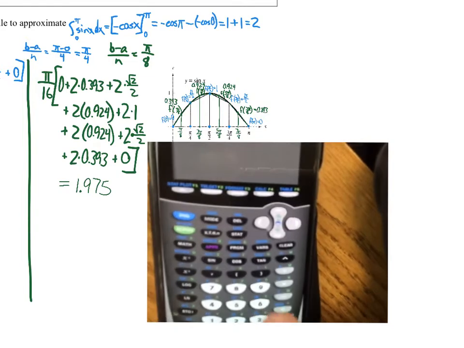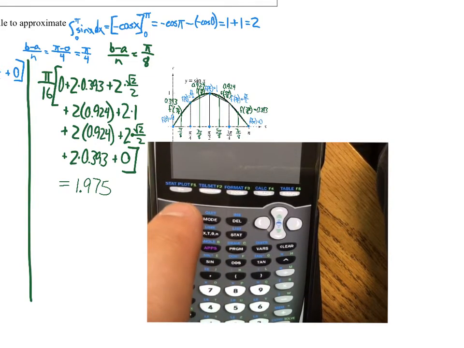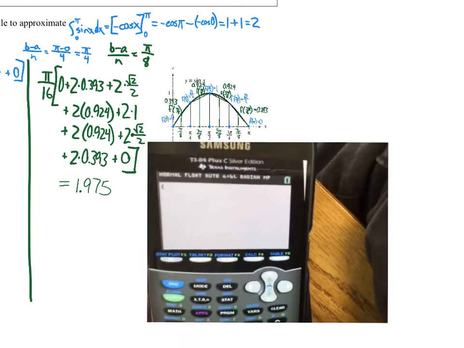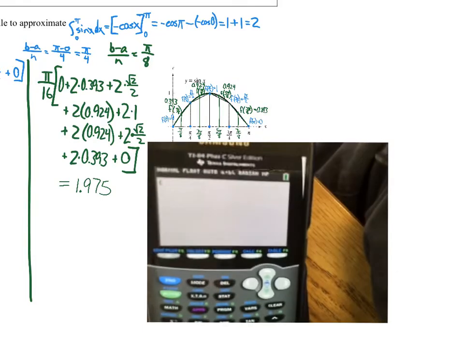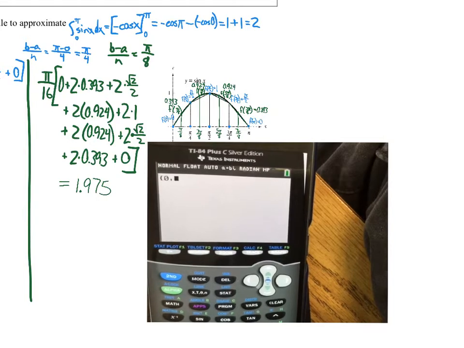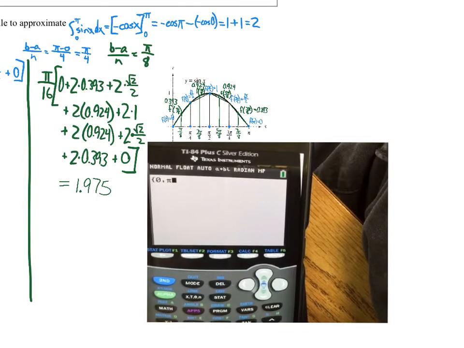Now, lists, you use these curly brackets that are above the parentheses, okay? So, second parenthesis puts that little bracket there. And what I'm going to do is I'm going to put in all of the angles separated by a comma. So 0, pi over 8, comma, where's the comma?